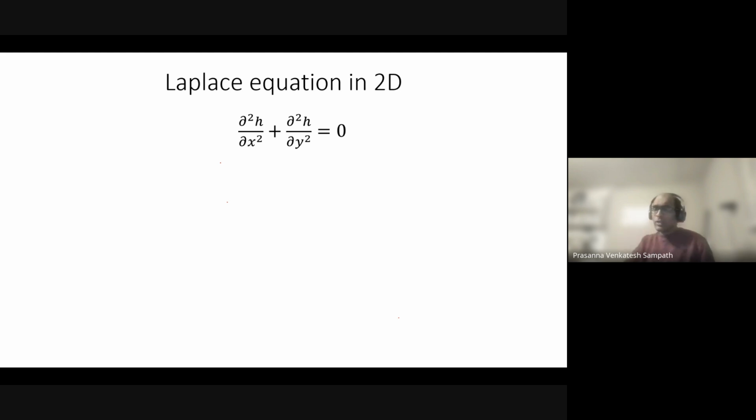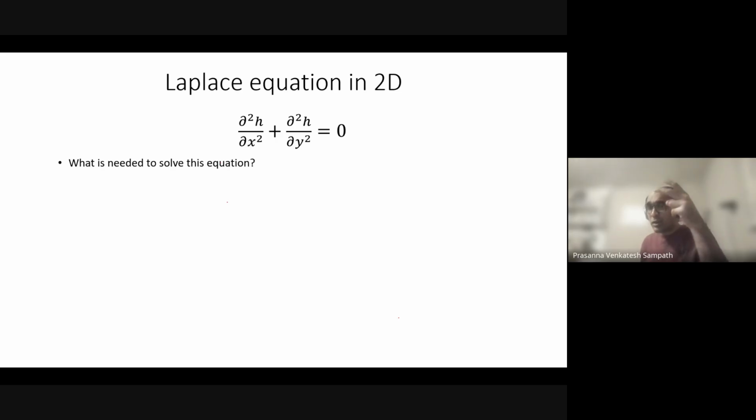Now my first question is, what do I need to solve this equation? Anybody? Quickly. What is required to solve this particular equation? Dou square h by dou x square plus dou square h by dou y square equal to 0.